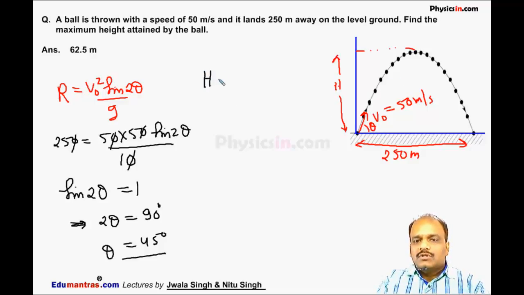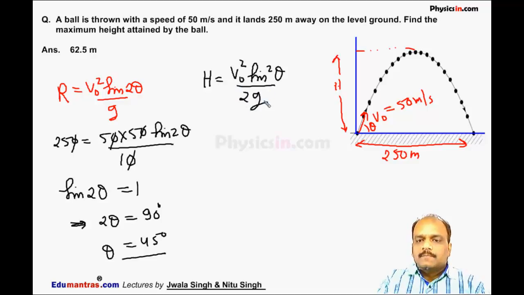Now we have to calculate the maximum height. We know h is equal to V0 square sine square theta divided by 2g. So h is equal to V0 square, which means 50 into 50, because the speed of projection is 50, into sine square theta.